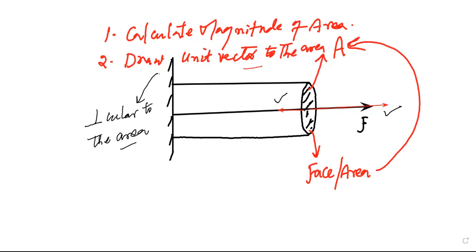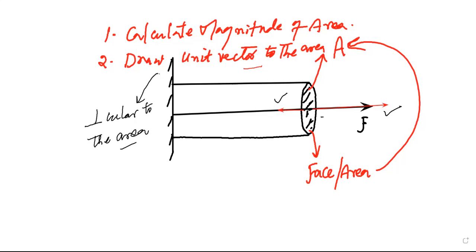Assume that you have a screw on the surface. As you rotate the screw, the screw should come out of the surface. I mean to say, you have to draw the unit vector to the area in such a way that if you have a screw on the surface of the area and you rotate it, the screw should move in the same direction as the direction of the unit normal.